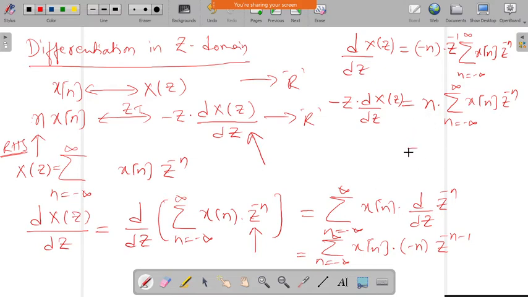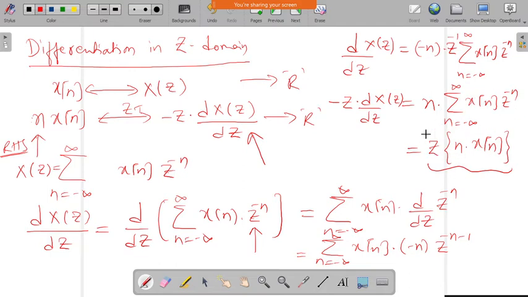So, now we can write this one. That is the z transform of n into x of n, whatever input is there. So, it is a multiplying factor of n. So, this whole expression we can write as the z transform of n into x of n, is it not? So, this is n and the z transform of x of n is x of z.